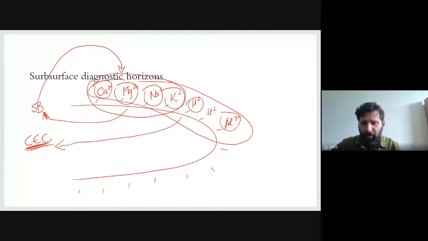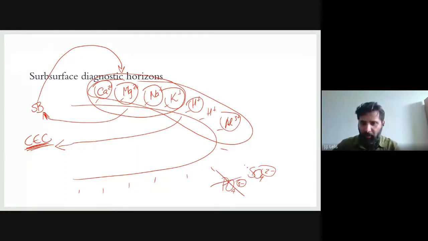We don't use other elements like phosphorus, or include sulfate, because in this case they present negative charges. So they are related to anion exchange.